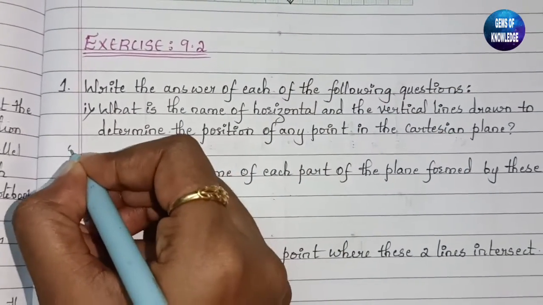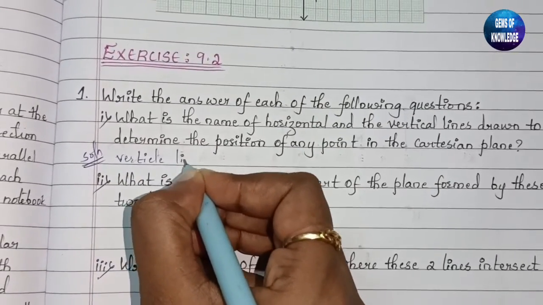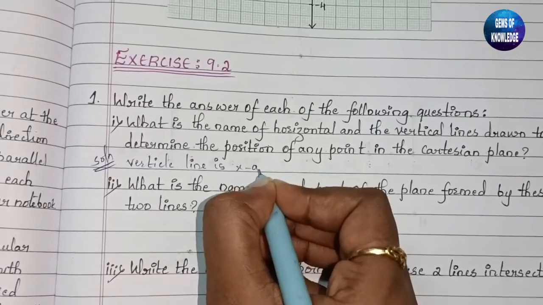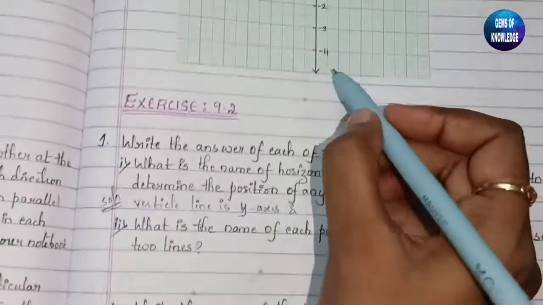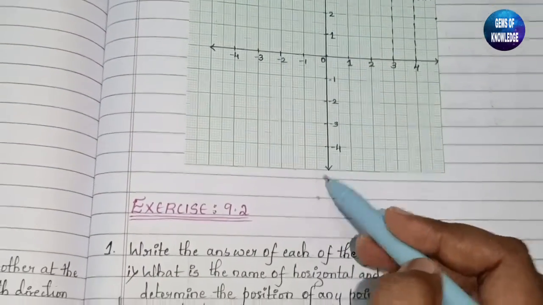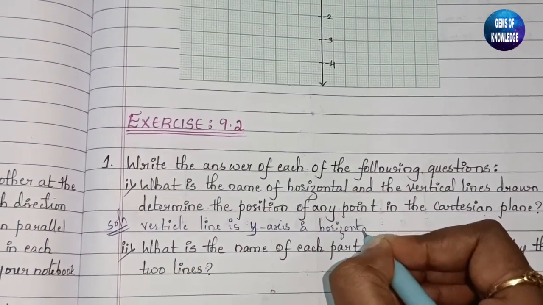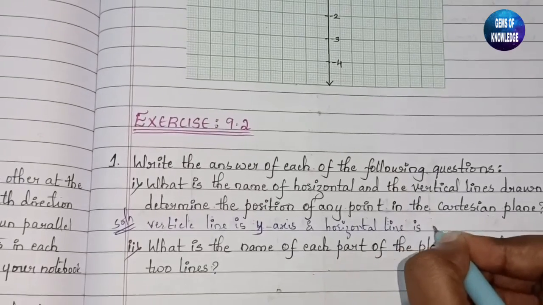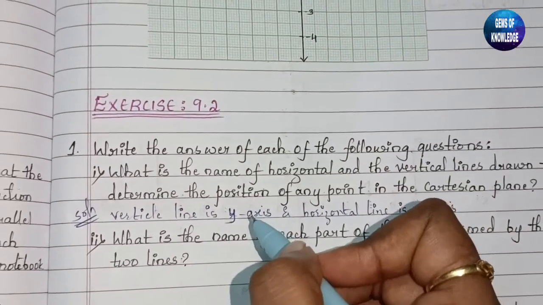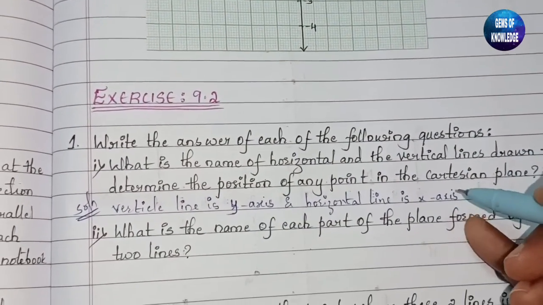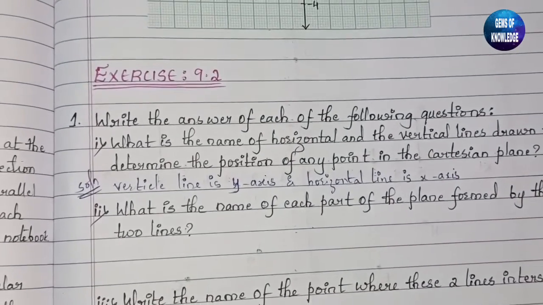So we know that the horizontal line is called the x-axis and the vertical line, this is the vertical line, is nothing but the y axis. Instead of x axis you may also write abscissa, and instead of y axis you may also write ordinate.